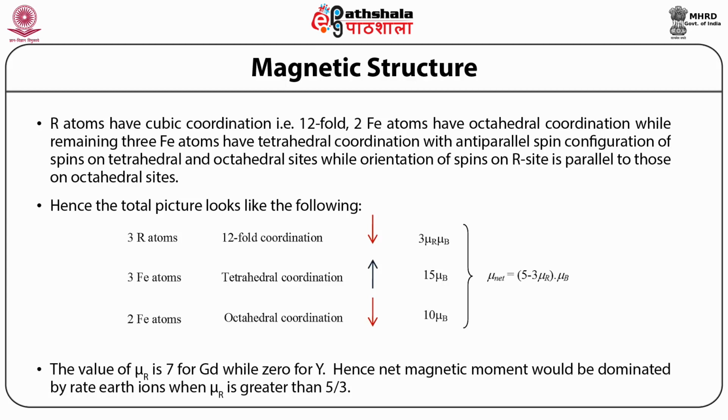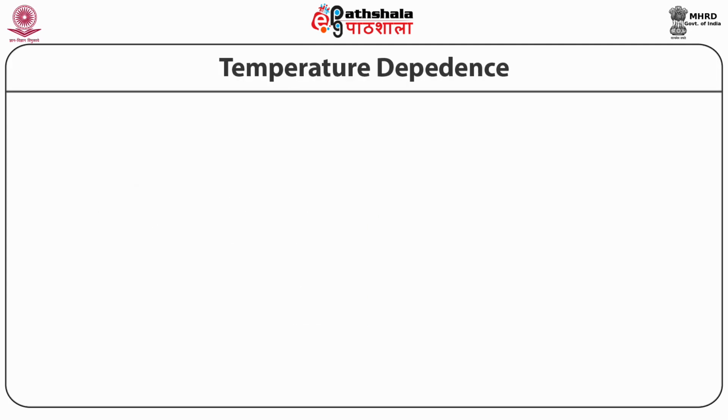Hence, the net magnetic moment, according to the above schematic, would be dominated by rare earth ions when μR is greater than 5/3. Temperature dependence.